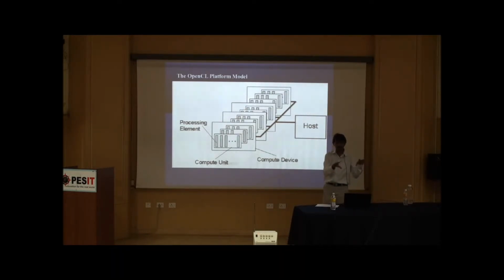From the OpenCL point of view, OpenCL doesn't see whether it is a CPU, a graphics card, or something different. For OpenCL, it is a compute unit. That's it.